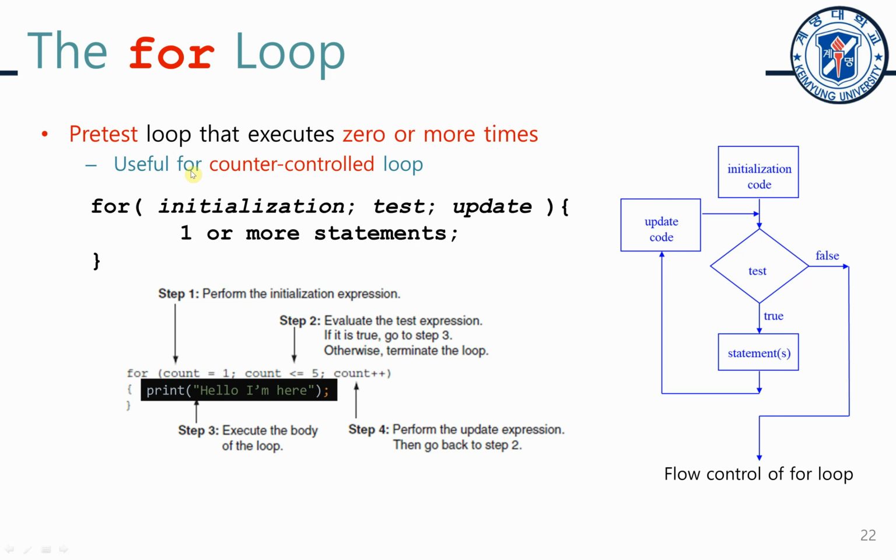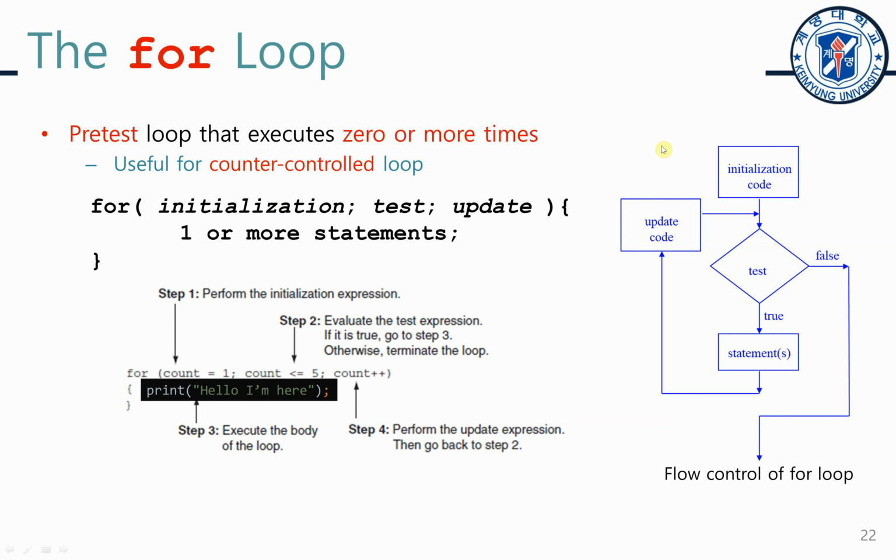That means the condition is tested before the statement is executed. The for loop is a little bit advanced version of the while loop. The difference between the for loop and the while loop is that in a for loop, we know how many times the loop will be executed.